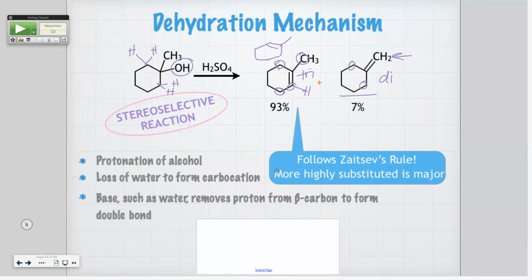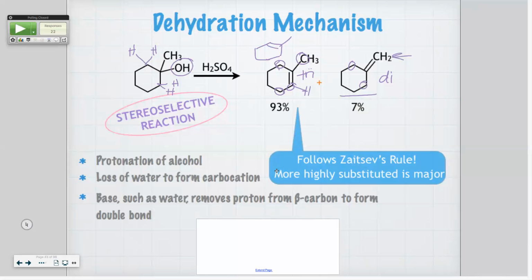There are 3 steps to the mechanism. The first step is protonating the alcohol. The reason that occurs first is because it's the fastest. And what do we have in there? H2SO4, that is sulfuric acid.